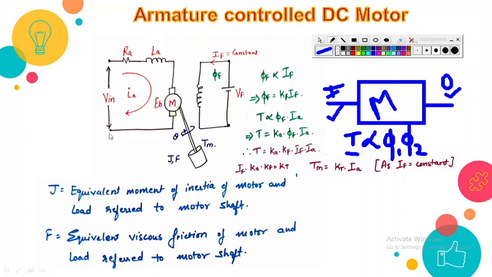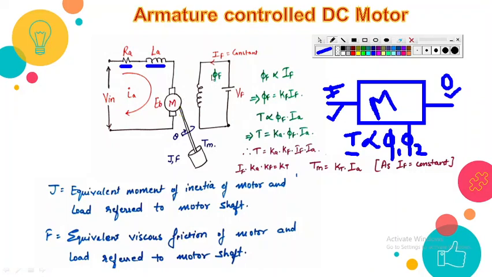The equivalent circuit for any DC motor, any DC machine, can be shown as over here. We represent the armature circuit with the supply input as Va, and the armature circuit has some armature resistance Ra, some inductance La, and a back EMF Eb.